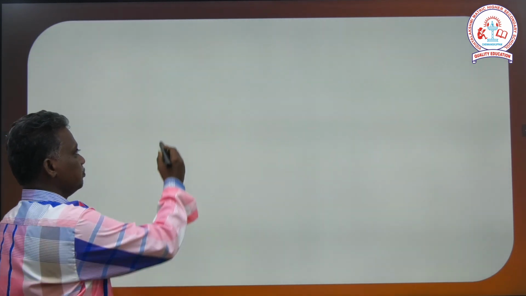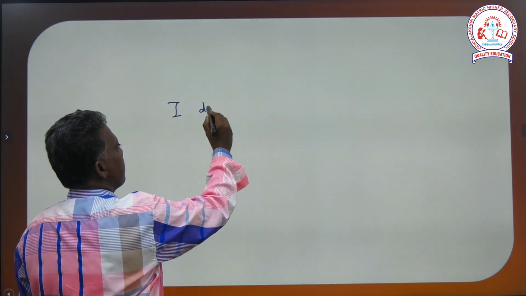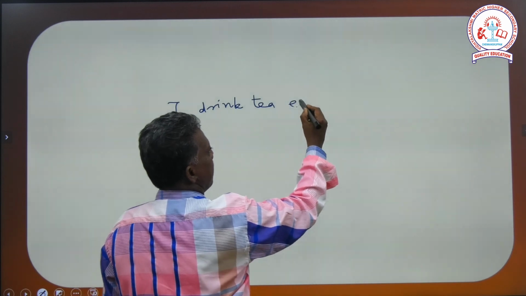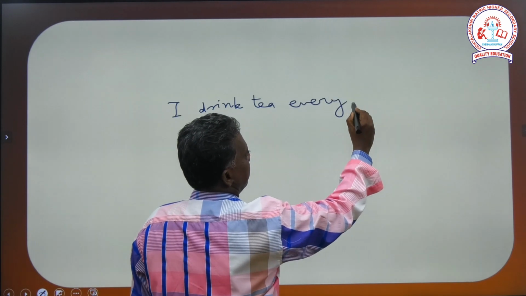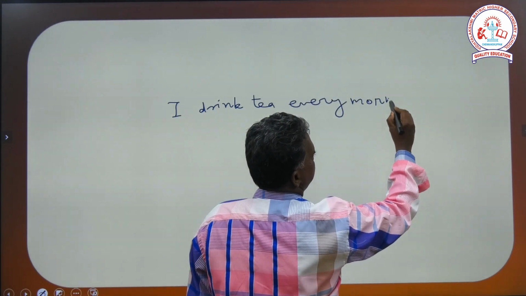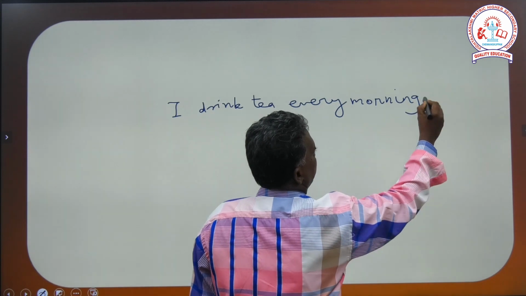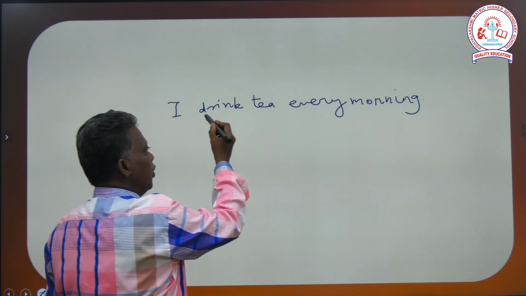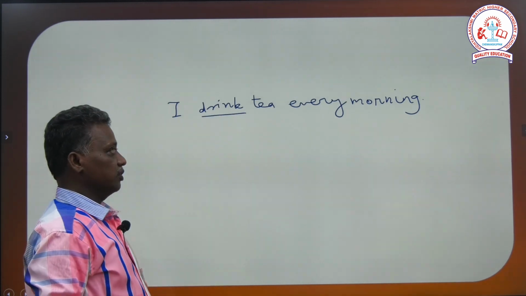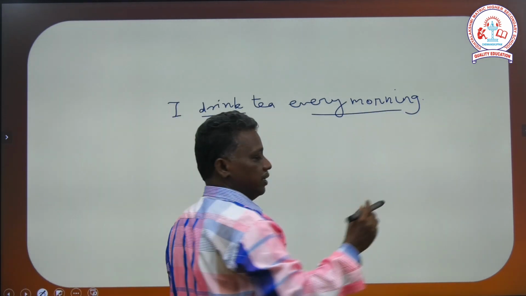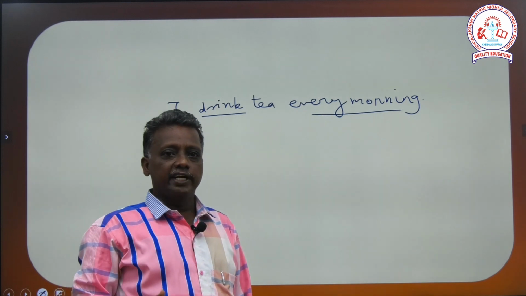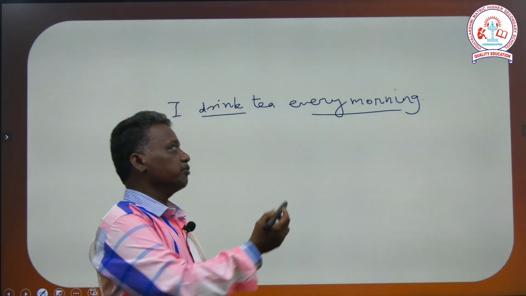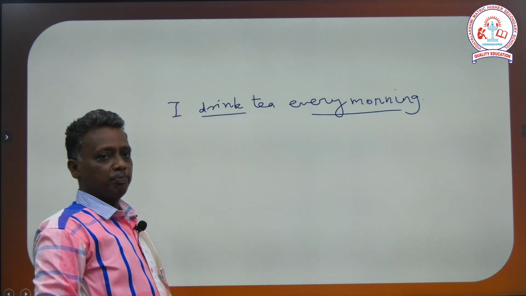For example, I drink tea every morning. Why? Drink is present tense. Every morning, every day, usually, daily. If any action we are repeating daily or usually, we are going to use the simple present tense.